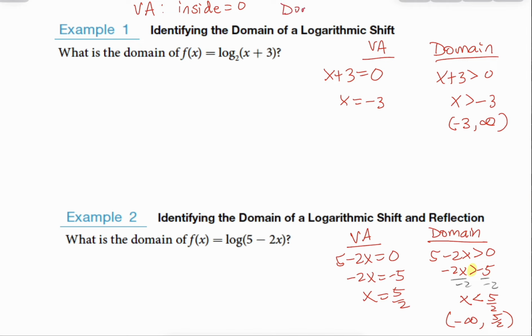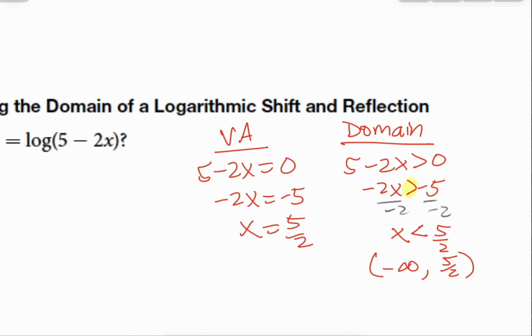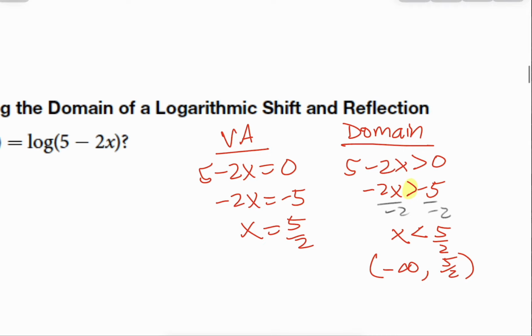The domain is where the inside is greater than 0. And watch your rules of inequalities. If you have to divide by a negative, you're going to have to turn that symbol. So those are your answers there.